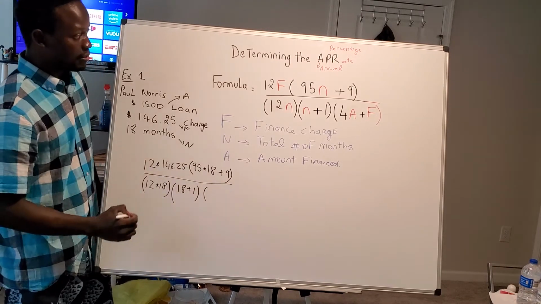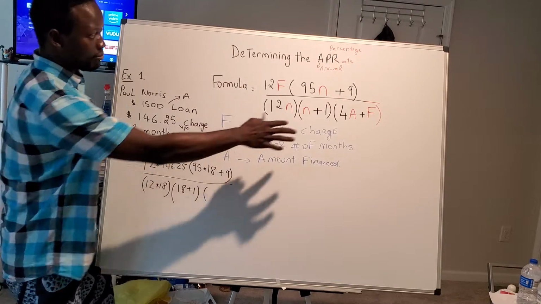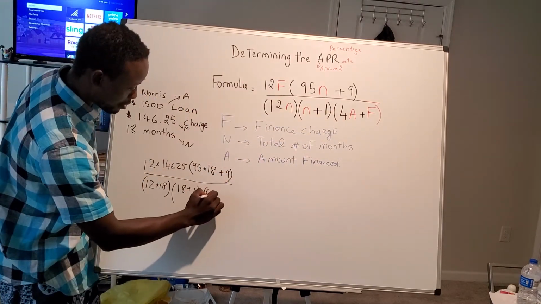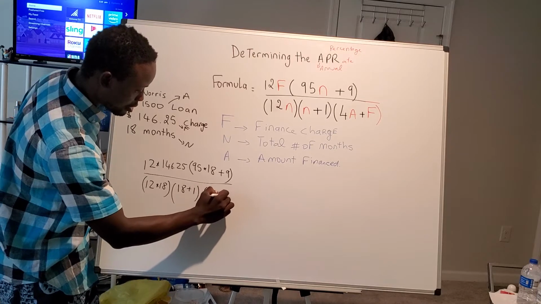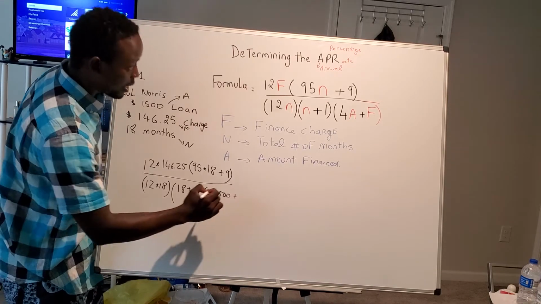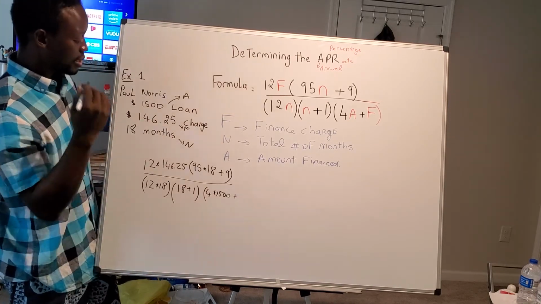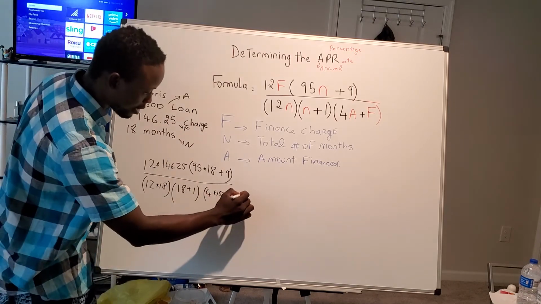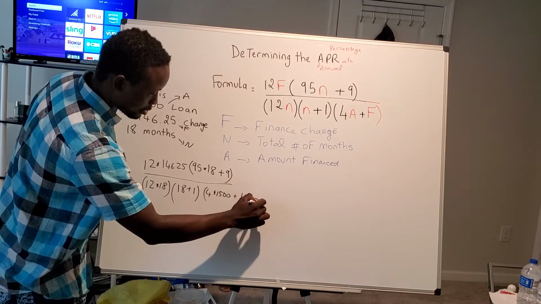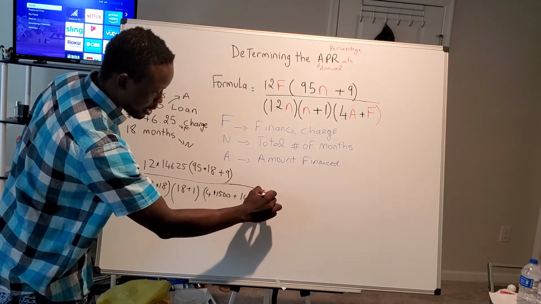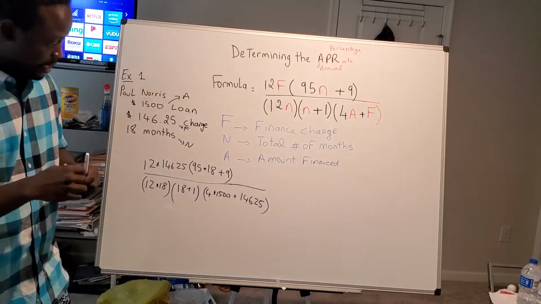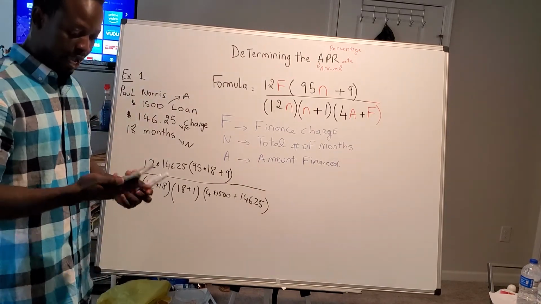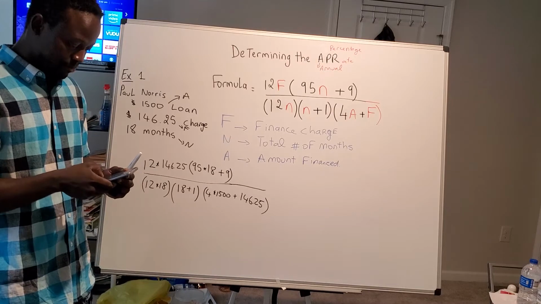And then 4 times A plus F, right? 4 times A is 1500, so 4 times 1500 plus F, which is the finance charge, which is 146.25. Alright, so now the next thing we're going to do is use calculators, right? I have two phones, so I'm going to use my other phone as a calculator.